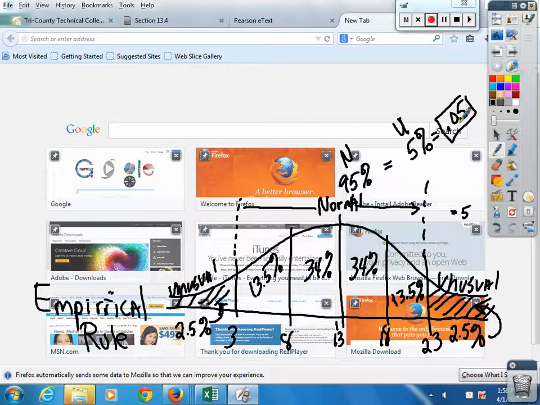What about 75%? About 75% is going to fall right in here, because you're reading from the left. How about 16%? The first 16% is below 8. You can find that out just by looking at it after you put the mean and the standard deviation. That's why it's so important to know those two numbers and how to get them.